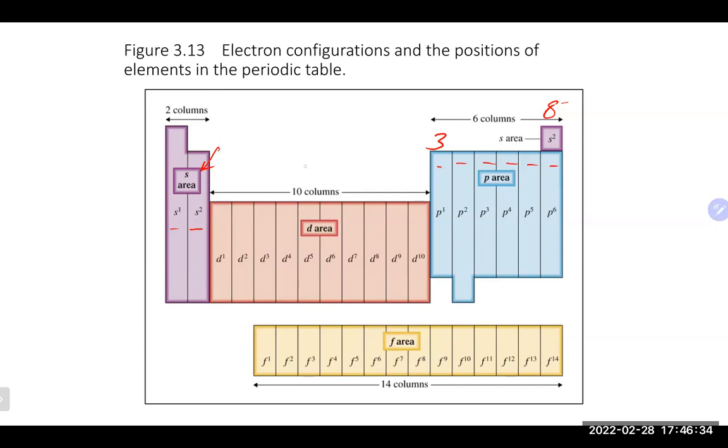The D block is the transition metals, and that is 10 electrons, so if you count all the way across, that is 10. And over here, 1, 2, 3, 4, 5, 6, 7, 8, 9, 10, 11, 12, 13, 14. The 2 rows on the bottom are the F block. So you can count electron configuration off of the periodic table.